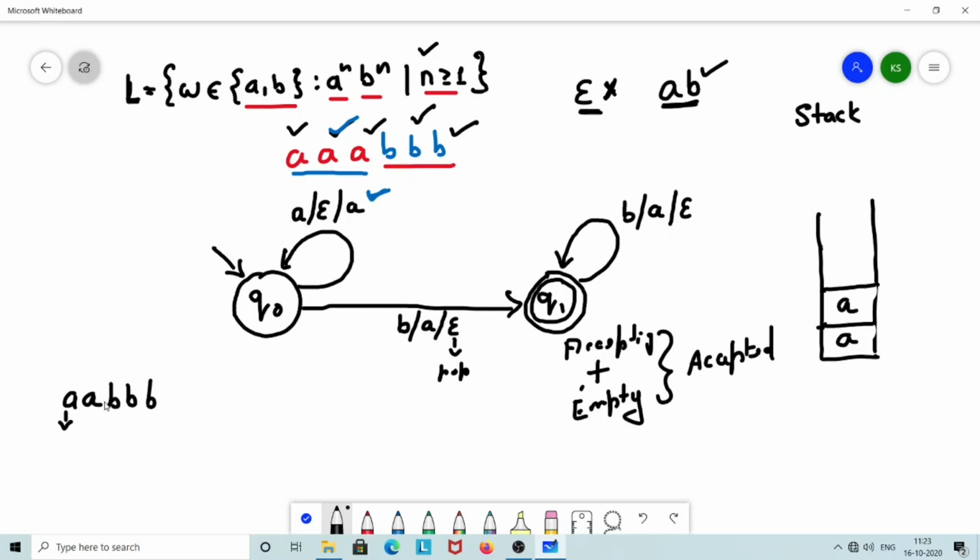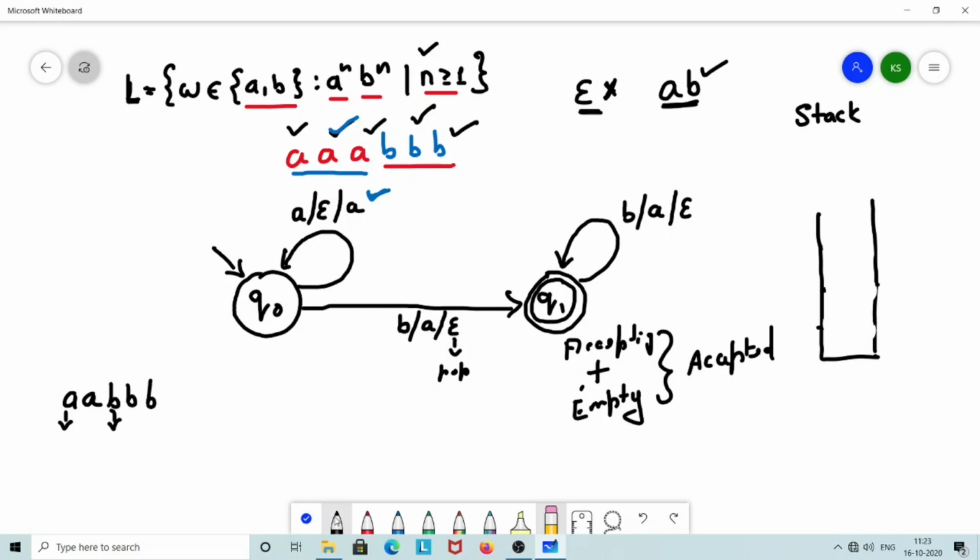And while encountering B in Q naught state, a transition happens to Q1 state and A is popped out. So this is after encountering the first B. And for the second B, another A is popped out. So this will be the content of the stack after encountering 2 A's and 2 B's.